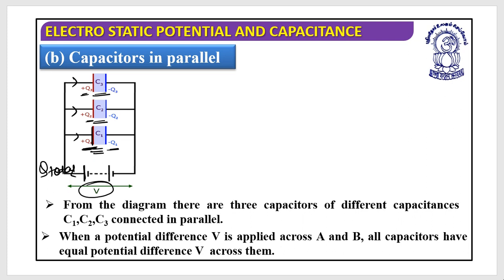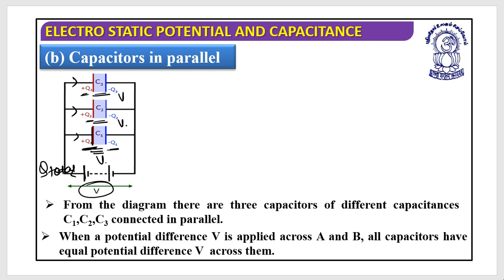So these three capacitors are connected in parallel with the battery. The potential difference across each capacitor is equal, and everyone has V amount of potential difference.